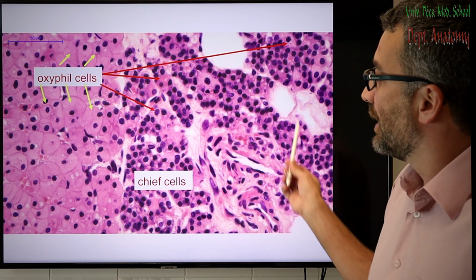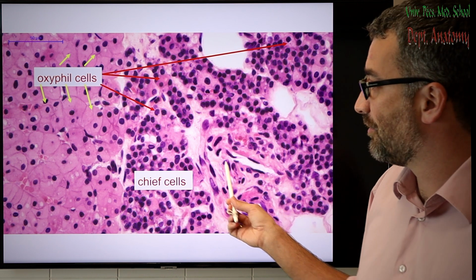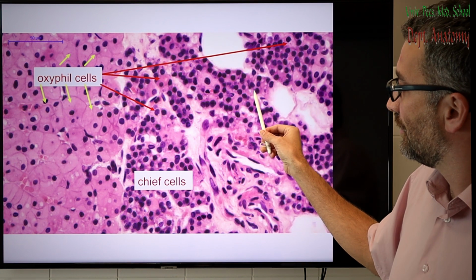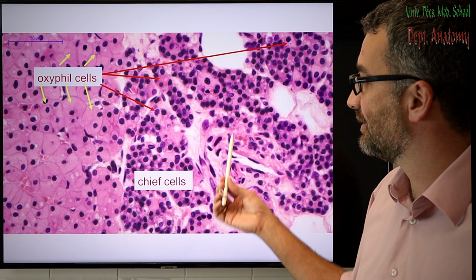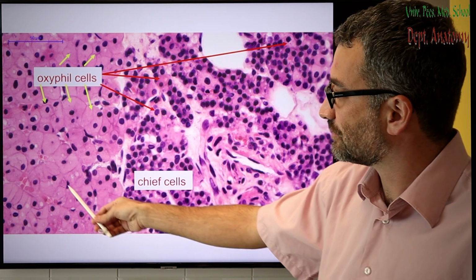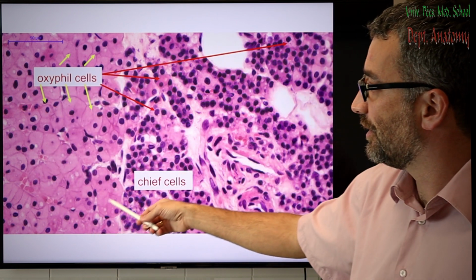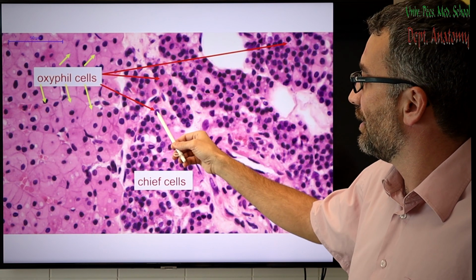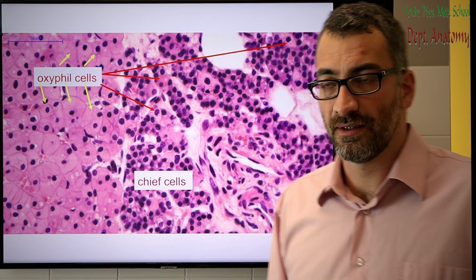In the same endocrine organ, in the parathyroid gland, we can see that the majority of cells are these small cells, which we call chief cells, and then there is another cell type which can be found in a group or also isolated, these bigger pale eosinophilic cells, which are called oxyphil cells.